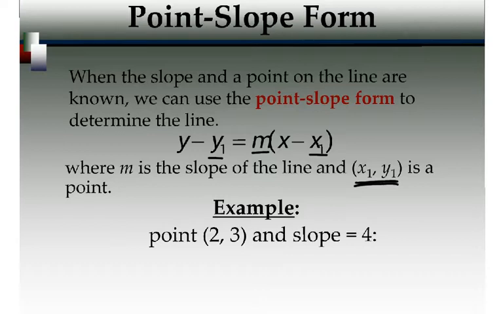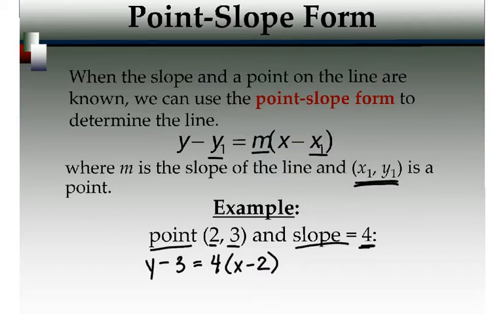So, using the point-slope form, we're going to say y minus y1, which is 3, equals our slope, which is 4, times x minus x1, which is 2. Our point is always going to go in for x1 and y1.